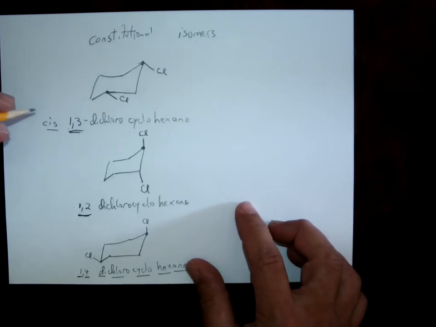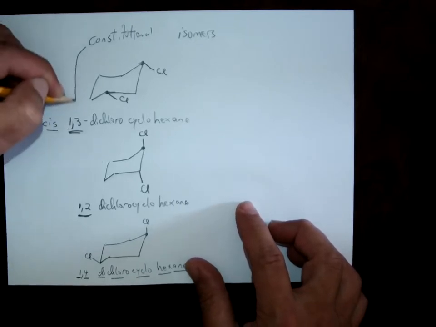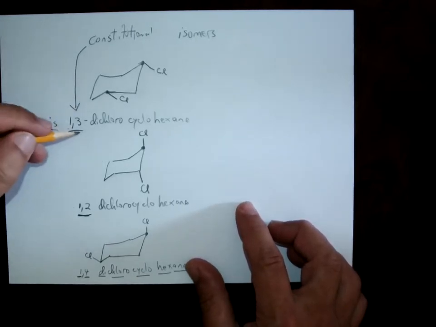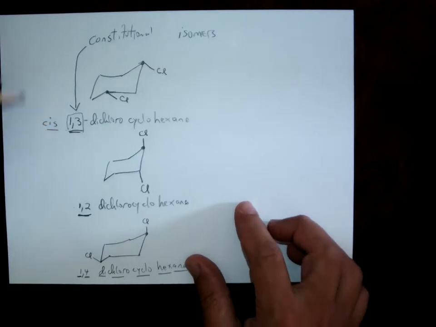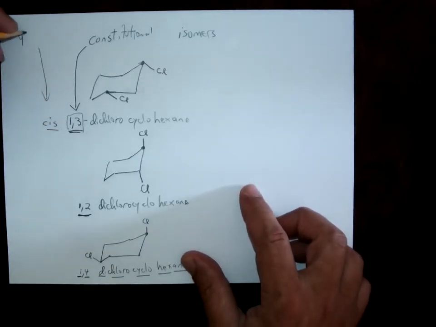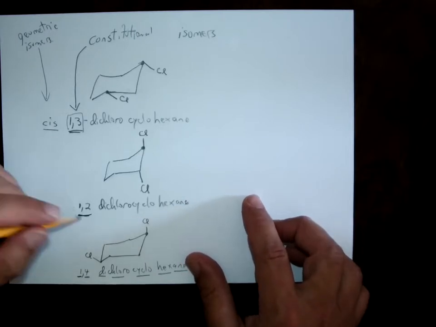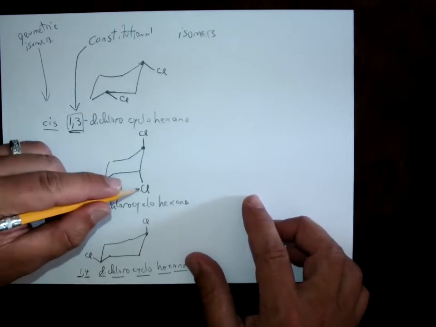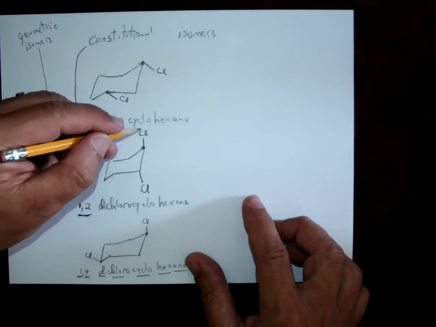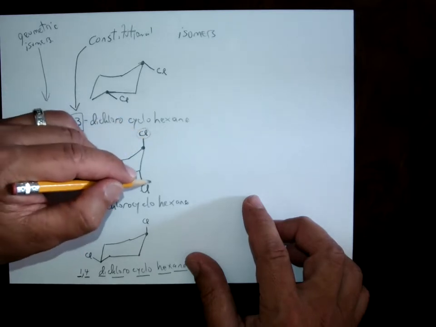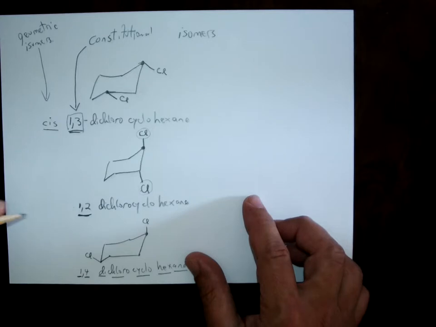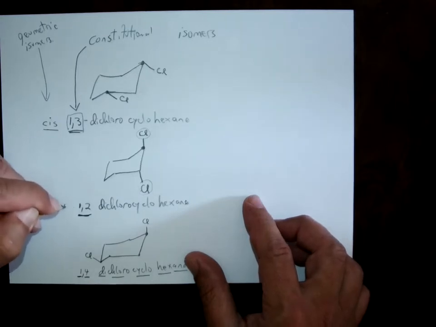So this is where the constitutional isomerism is embedded in the numbering system. The geometric isomerism is in the cis versus trans language. And so with this one, the dichlorocyclohexane, this one's on top of the ring, that's on the bottom of the ring, so this would be trans.